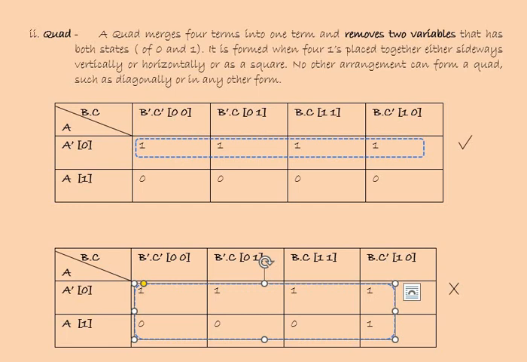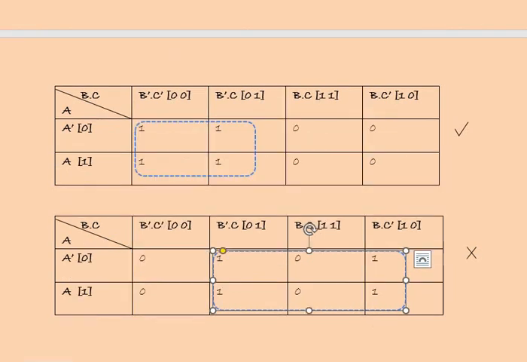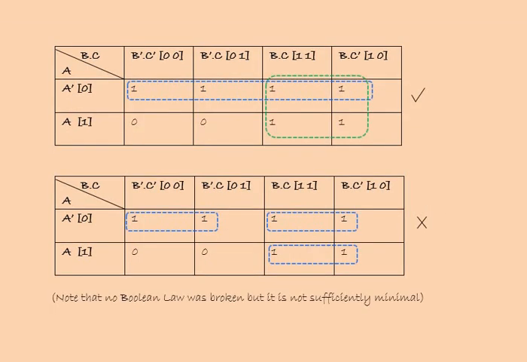The second one is a wrong example. Here again you can see that there is a quad in which the first example is correct, where four of them are together. But the second one is not correct because there is a zero creeping in. A few more examples showing quad, which is possible if we have four of them sideways also, and four of them in a rectangle form also, in a square form also.